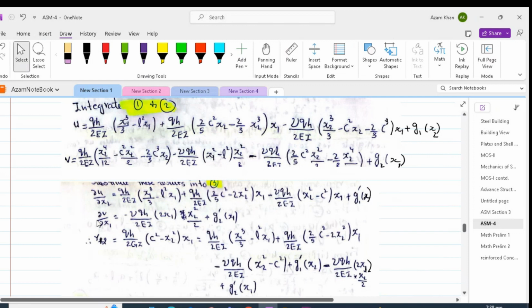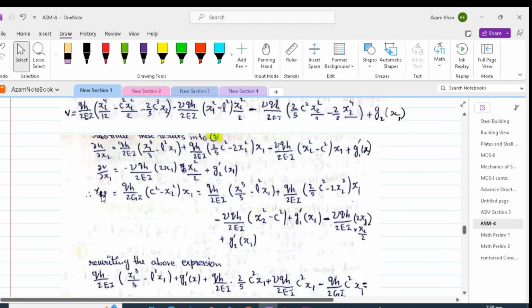Similarly, ∂v/∂x1 will be equal to −ν(qh/2EI)[2x1·x2/2] + g2′(x1).